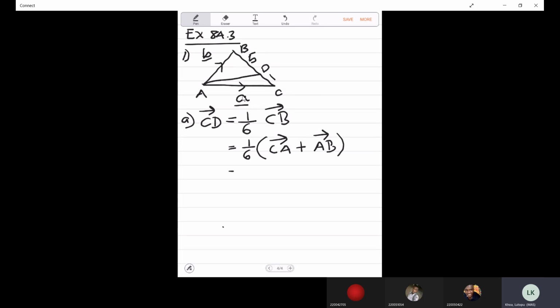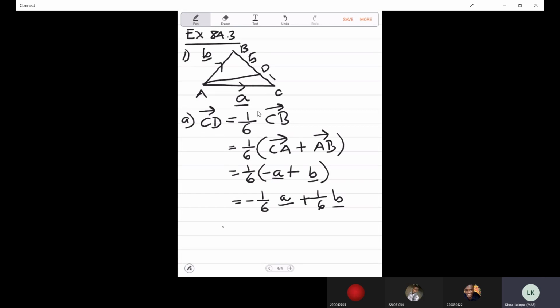So this is 1 over 6 of negative a, and then AB is just the vector b. So this is plus b, and this is negative 1 over 6 a plus 1 over 6 b. Okay, so that is what CD is.